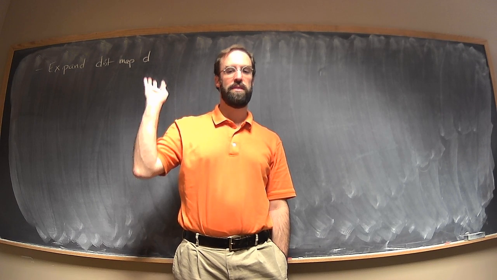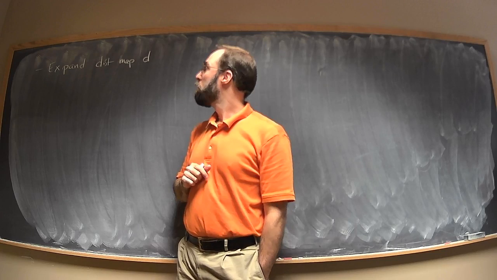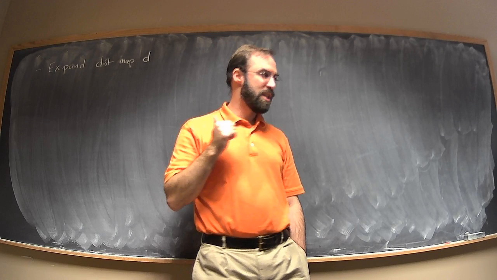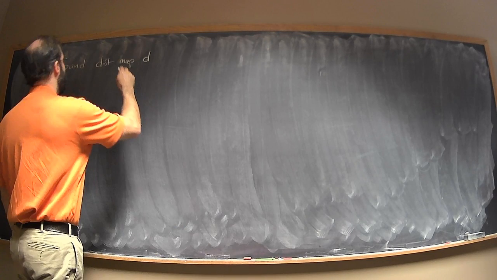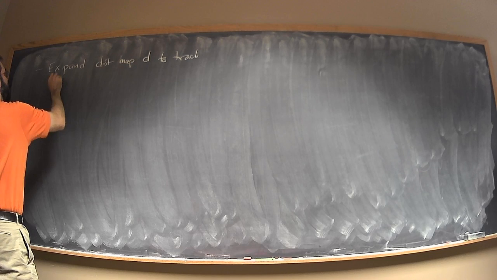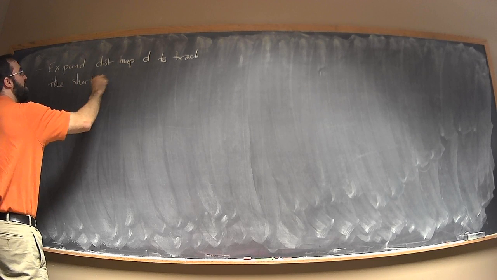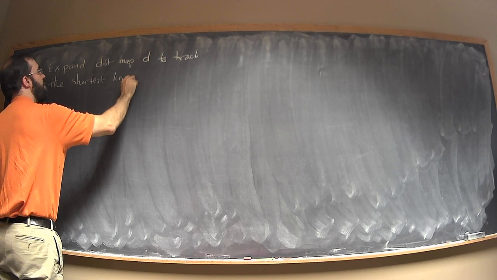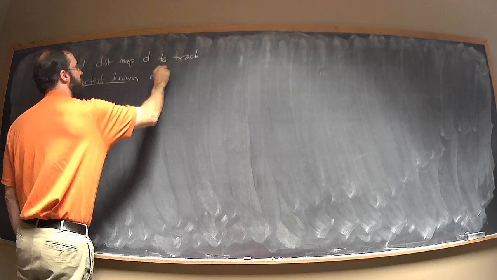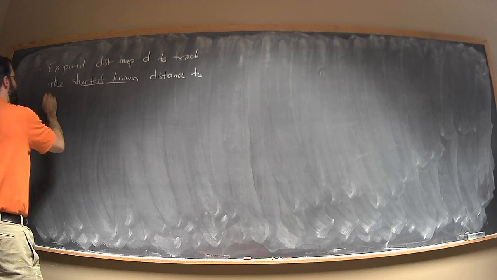For everything else, nothing's in the distance map. Now we're going to expand it a little bit to keep track of the shortest known distance to each vertex.